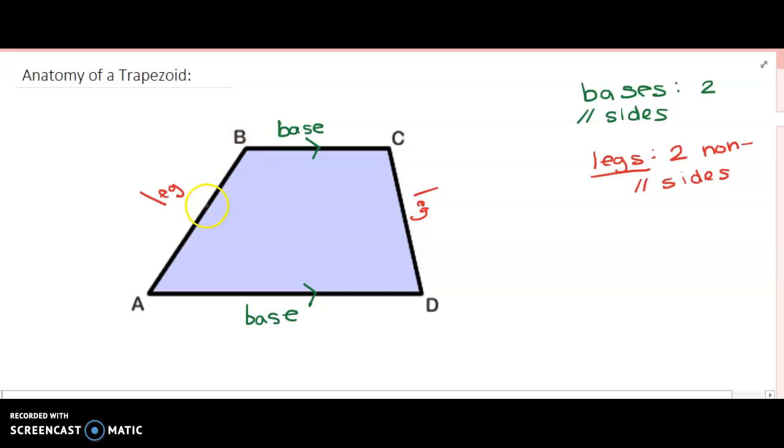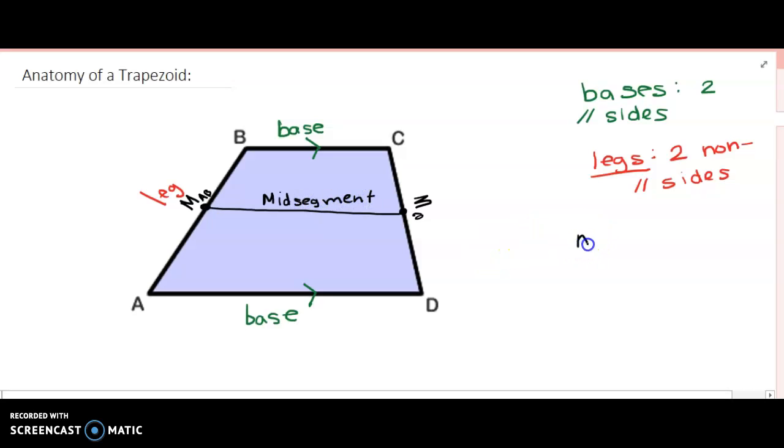All right, so we have a midsegment theorem. If I find the midpoint of AB, it'll be here. And if I find the midpoint of CD, it'd be here. If I connect those midpoints, this is my mid-segment.